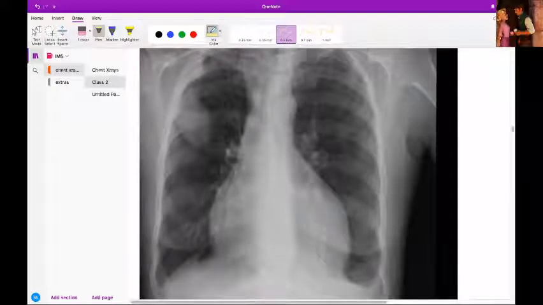What does it look like? Yes, heart is kind of big. That's true. Okay, apart from that, this is the lesion, and there is kind of a translucency around the lesion. So there's a cavity and there's an opacity inside that.